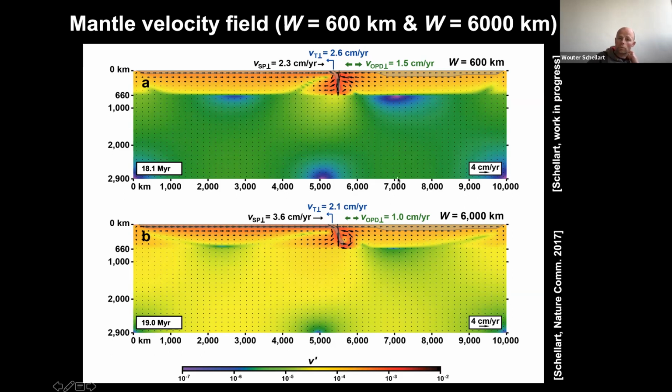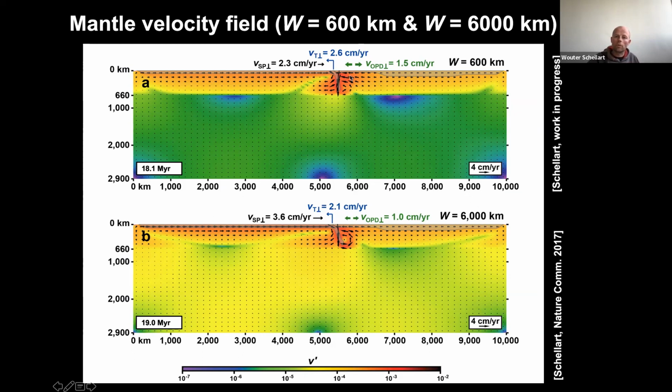So what does this do? It simply creates a basal shear gradient at the base of the overriding plate, where the leading part of the overriding plate is being dragged trenchward very rapidly in both models, the narrow and the wide subduction models.